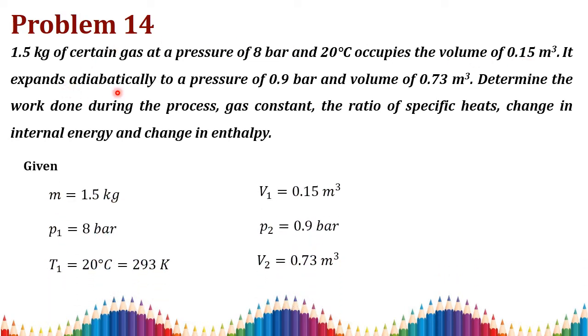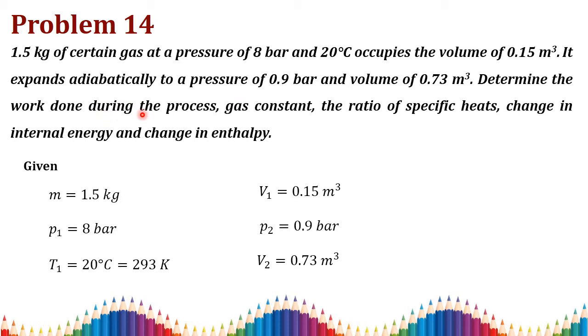It expands adiabatically, that is, by a reversible adiabatic process, to a pressure P2 of 0.9 bar and a final volume of 0.73 meter cube. Determine the work done during the process.